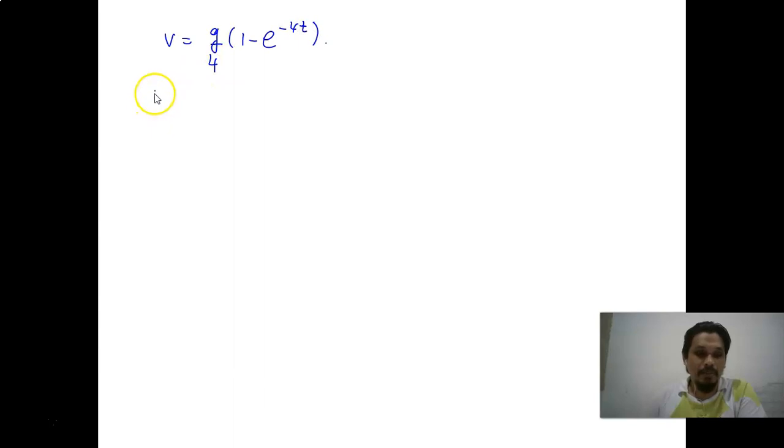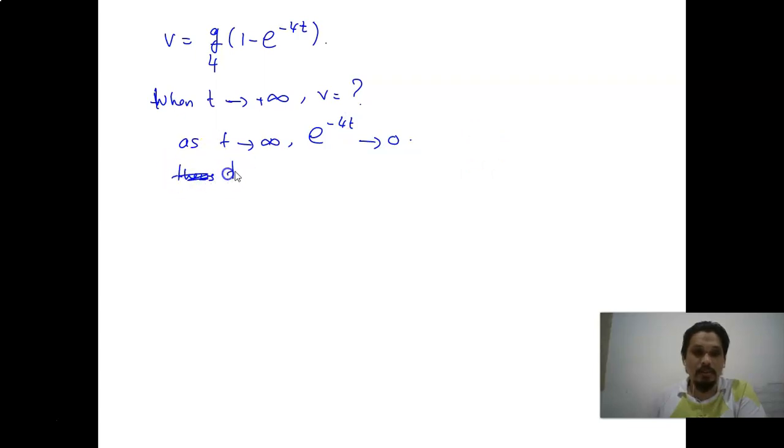So when t approaches positive infinity, then e power of negative 4t approaches 0. So thus v equals g divided by 4 meter per second.